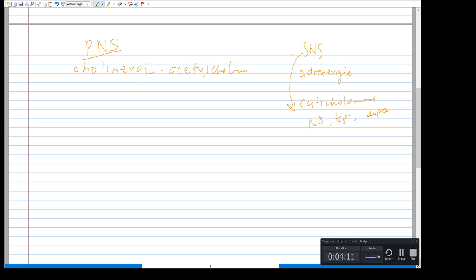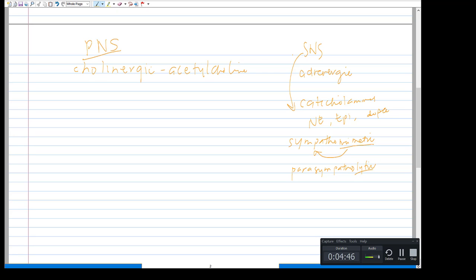Another thing you have to take note of is that with SNS, the drug can also be called sympathomimetic. So if you see this as a class of drug, you already know that this drug has SNS effect because it mimics the sympathetic nervous system effect. Another name would be parasympatholytic. Lytic is from the word lysis, or breaks.